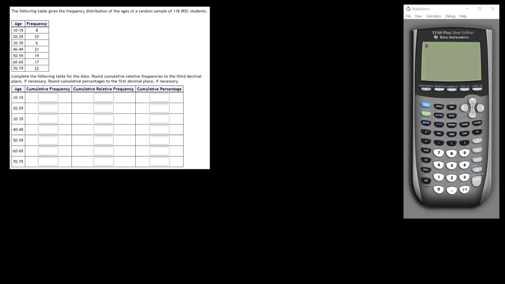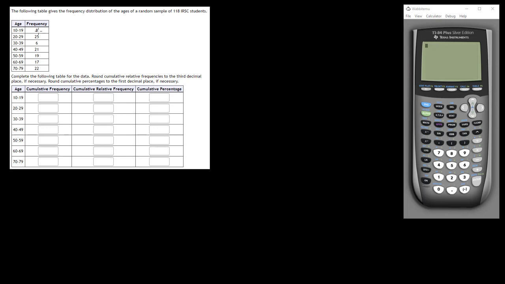Therefore, instead of having a single class for every possible age, we grouped them according to this chart here. So basically, that cuts down on the length of the chart when we use grouped quantitative data. That makes the chart more readable whenever you have a very widely varied quantitative data set.